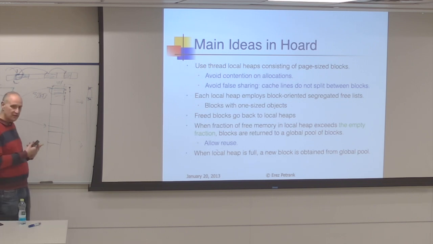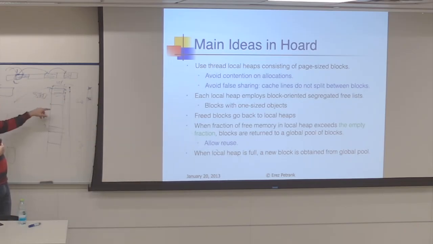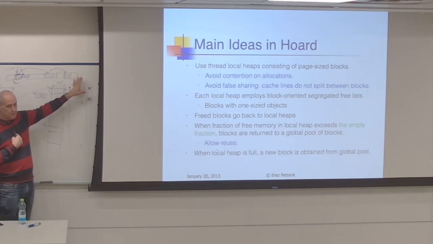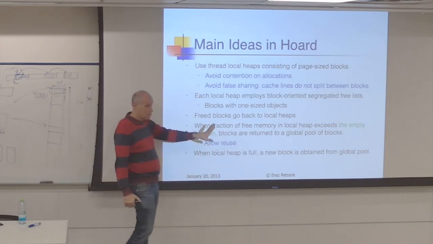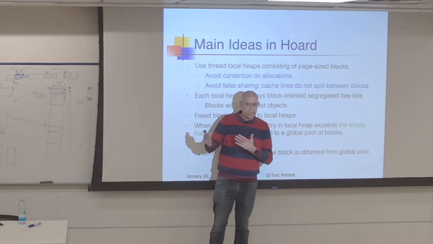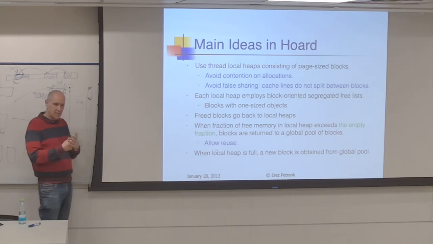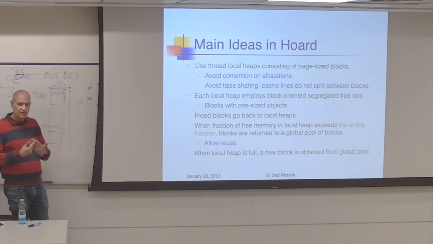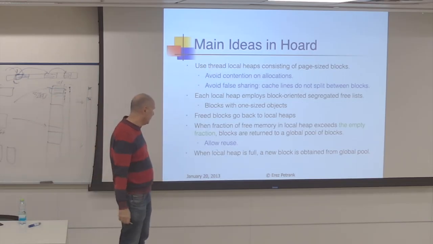If the number of free blocks goes down, and in my blocks there's a lot of free objects that I'm not using, then I may take my block, although I own it, and give it to the global space so others can use the free space in my block. This will get us back to maybe false sharing, but it is a trade-off between keeping my own space all the time and avoiding wasting space. So if things go wrong, I try to go the other way.